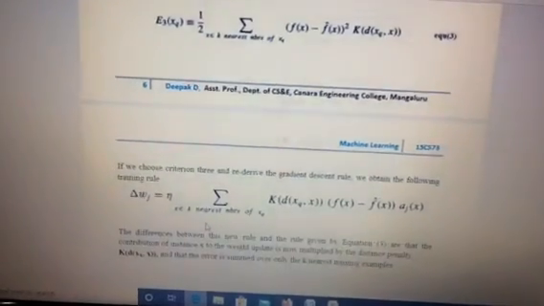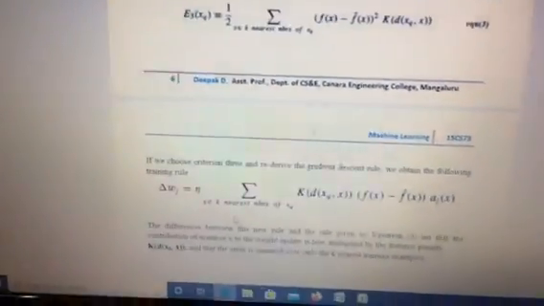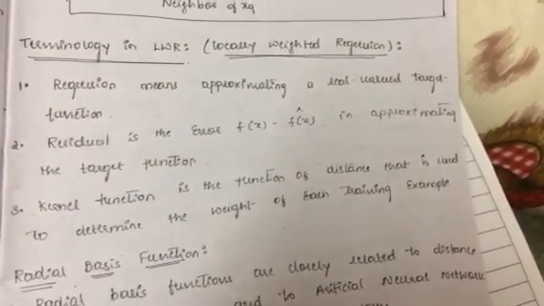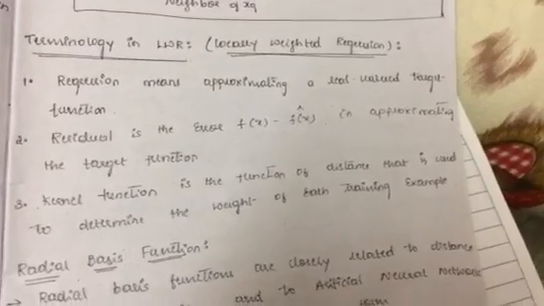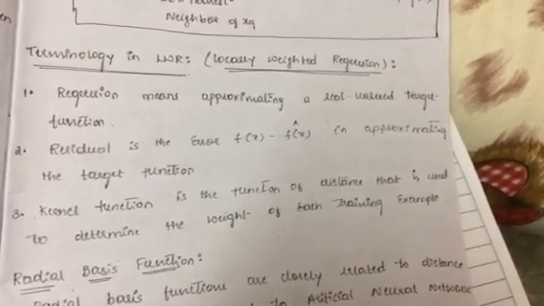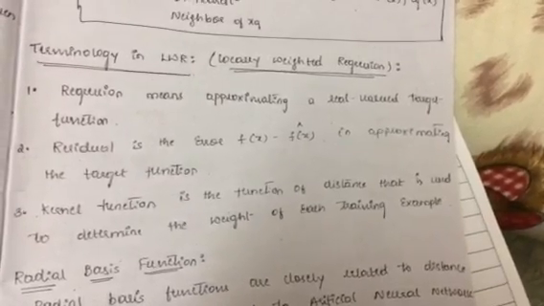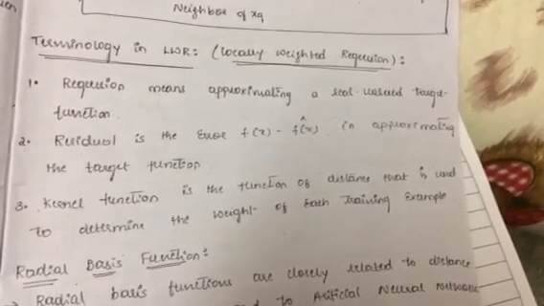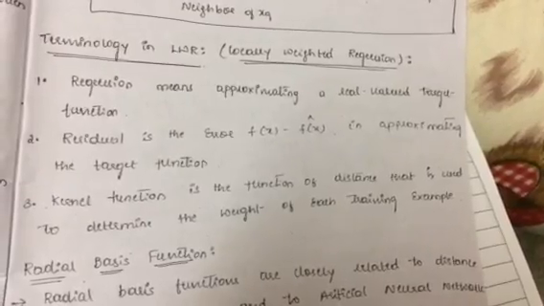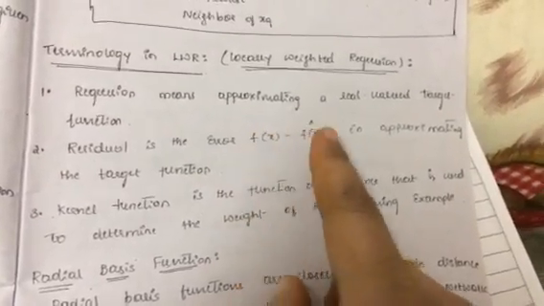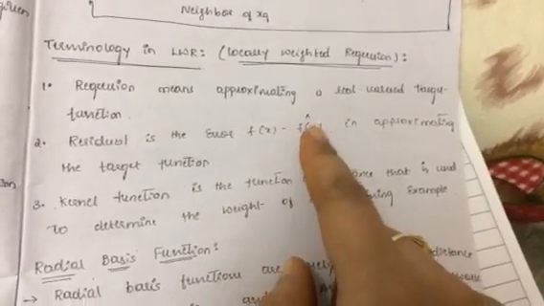Now let's see the terminologies in locally weighted regression. The first terminology is regression. We know that regression is nothing but approximating the real or continuous value target function. Residual, we know, is nothing but an error. It is the difference between the actual value and f cap, which indicates the predicted value.